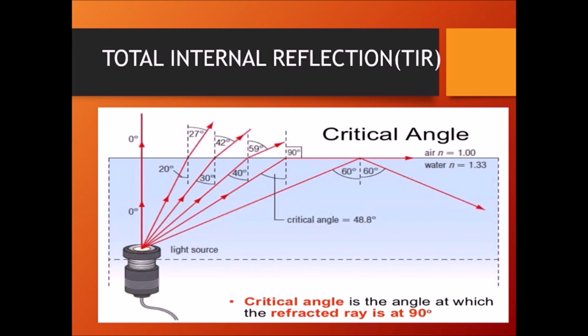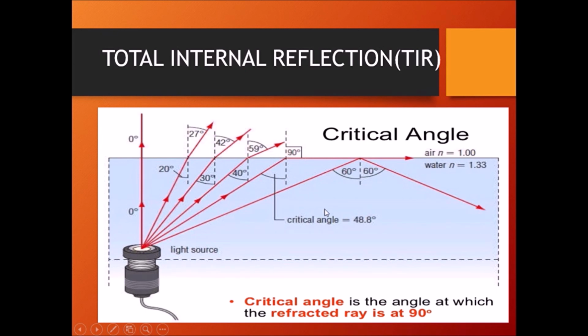Now look at this here, this angle is obviously more than this. When it is more than this, this time the angle of refraction is 90 degrees. This angle at which the angle of refraction is 90 degrees is called the critical angle.